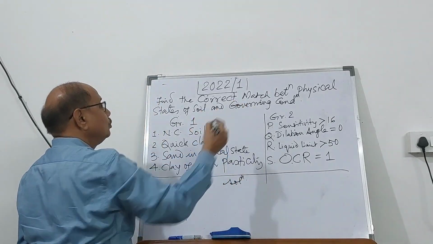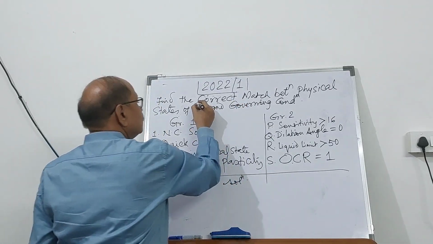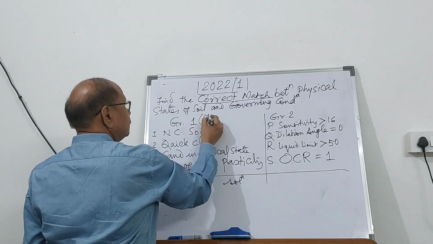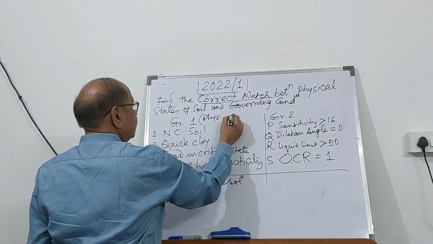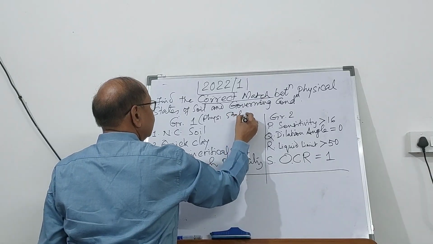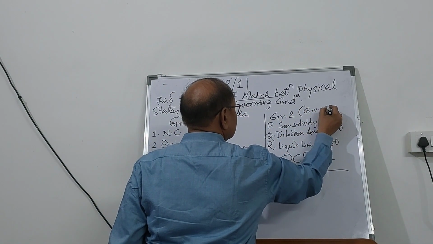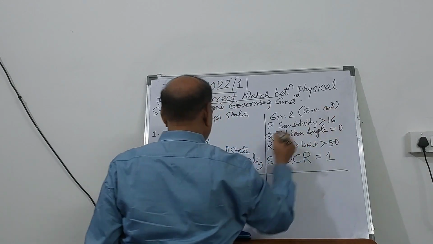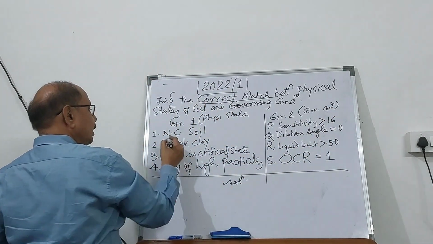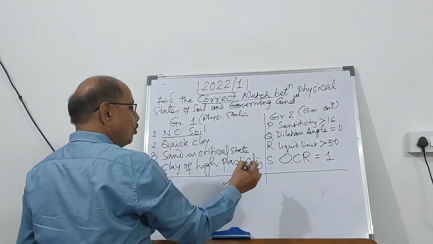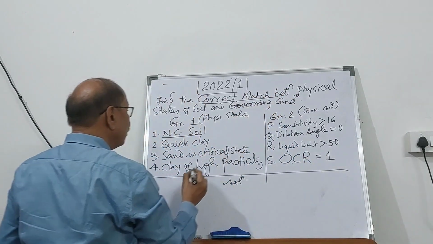You will have to go for the correct match between the physical states and the governing condition. So find out the solution. If it is normally consolidated soil, the over consolidation ratio becomes 1.